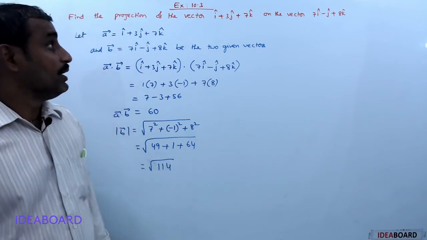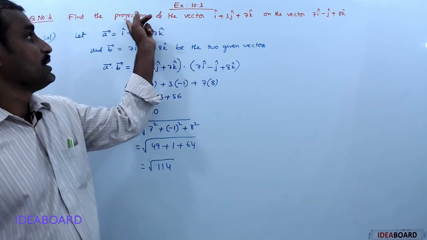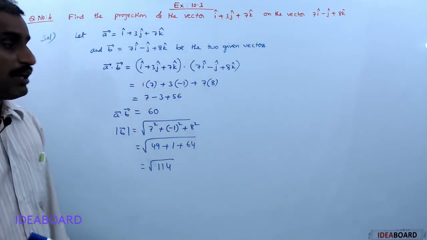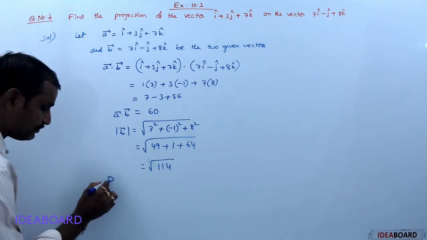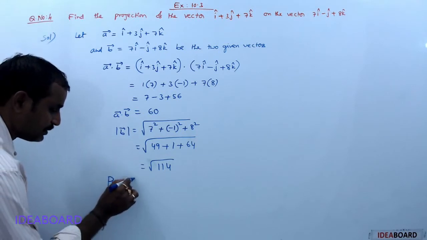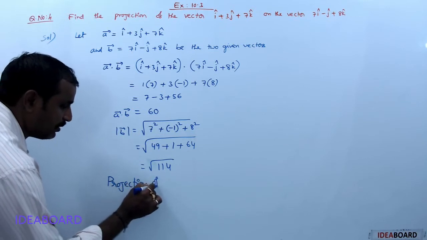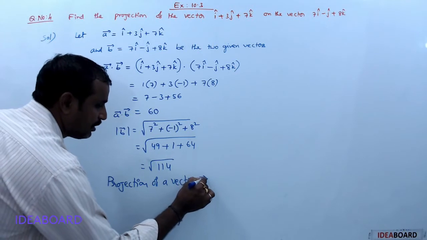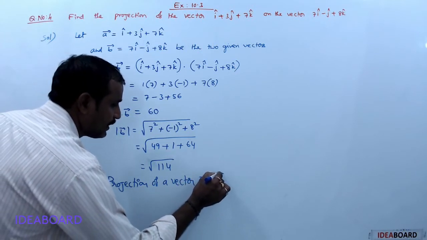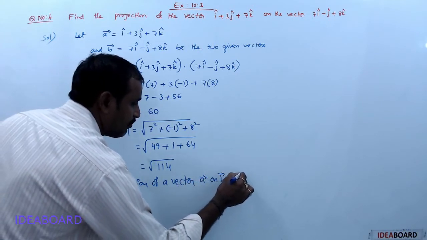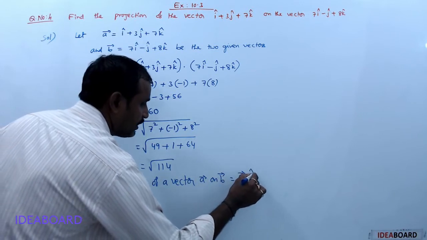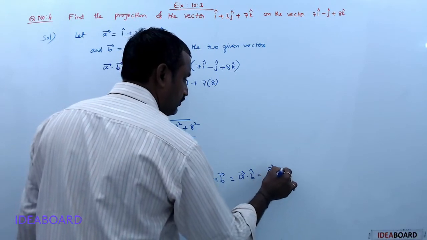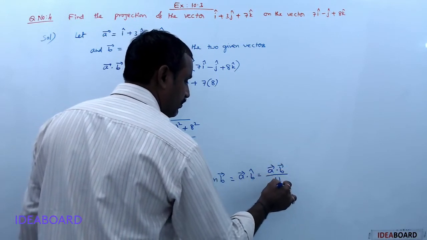So now we want to calculate the projection of the vector a bar on b bar. The projection of vector a bar on b bar is equal to a bar dot b cap, that is a bar dot b bar by the magnitude of b bar.